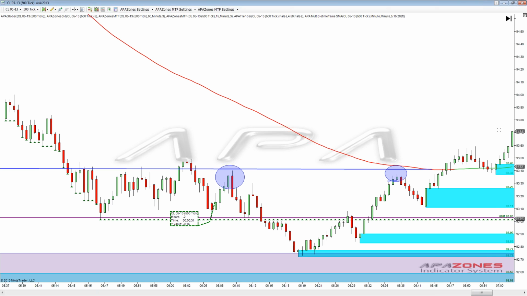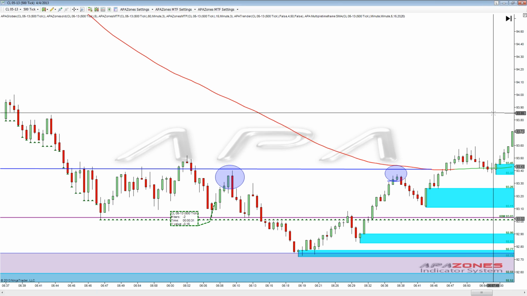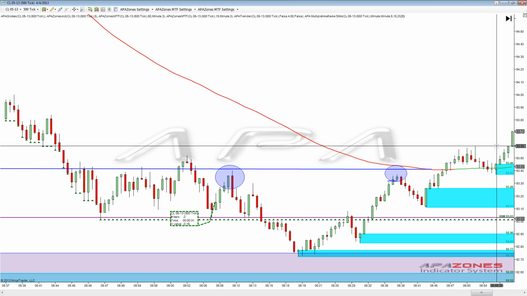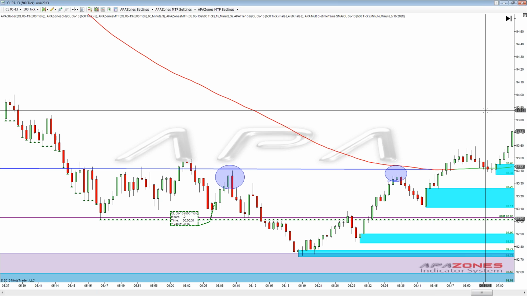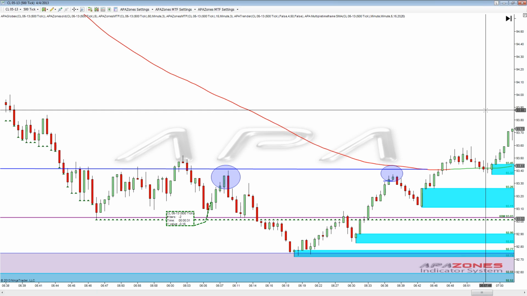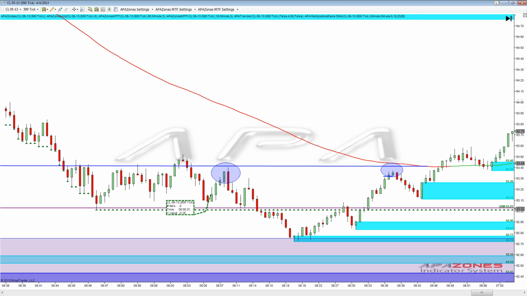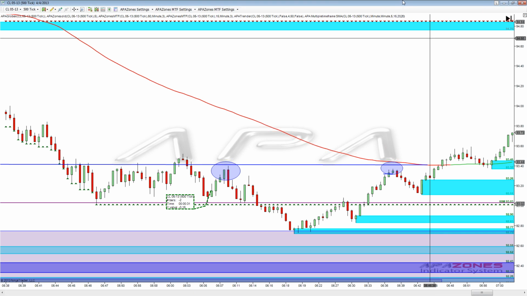I like that. 20 is cool, I don't mind taking 20, but 30 is a little bit much for me. 20 ticks is understandable considering the crude oil market, but 30 ticks is just a little more than I want to go. Plus, we don't really have a real great target up here.